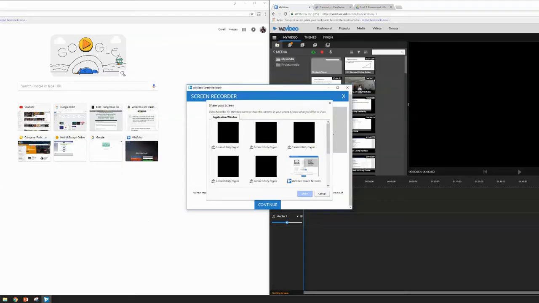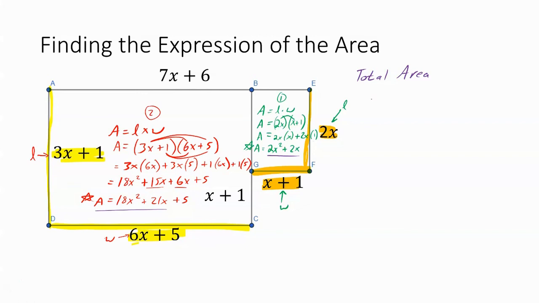So total area, let me go ahead and use the color coding here. We have the large area, 18x squared plus 21x plus the 5.